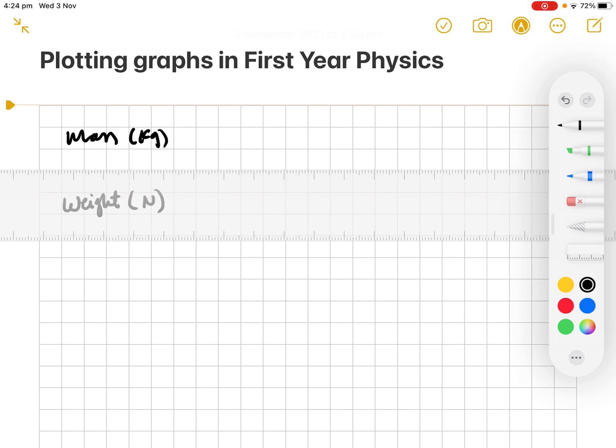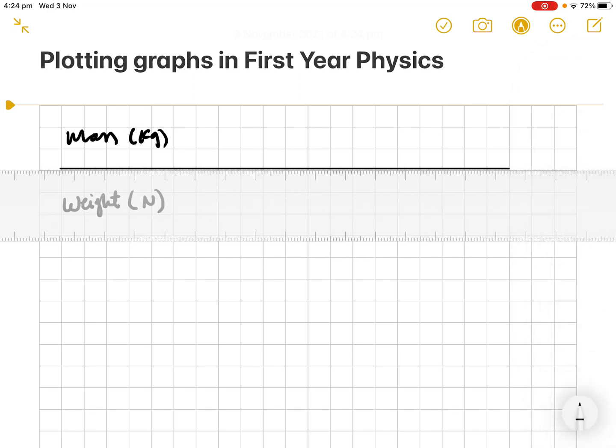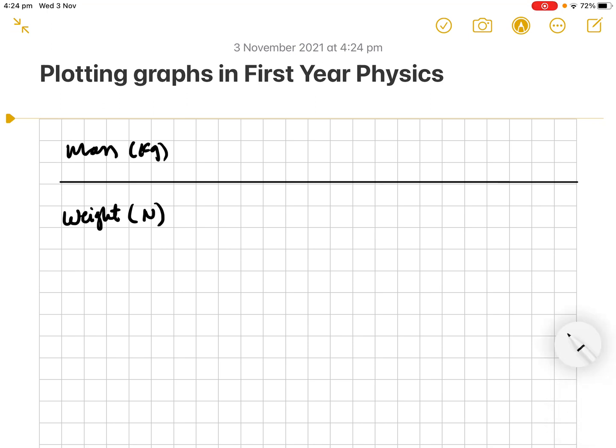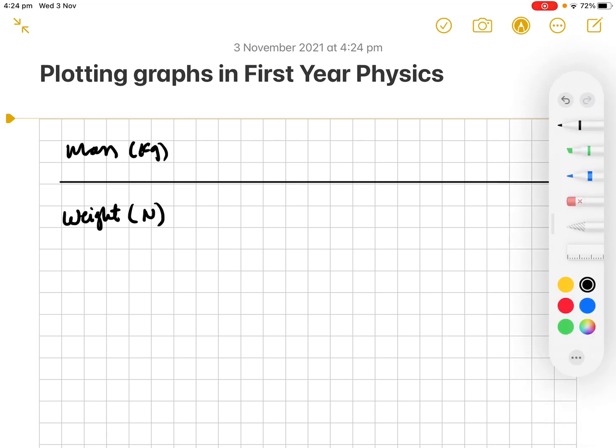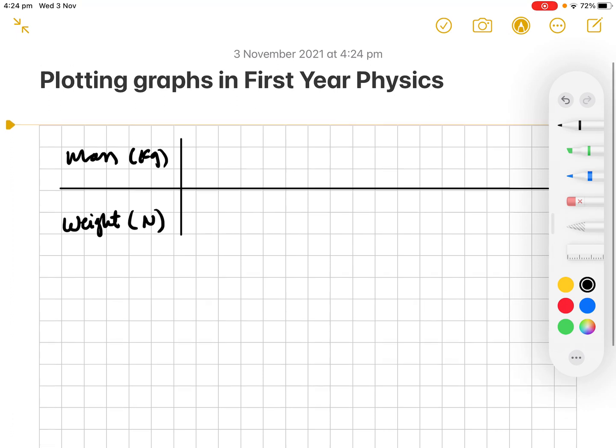So let me just draw a line to make this reasonably neat. Let's get my ruler back. There he is. Okay.